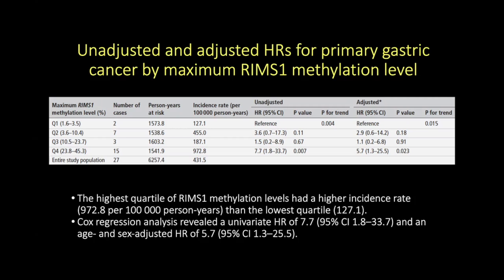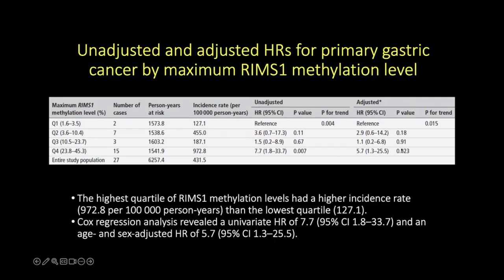Now, when looking at the adjusted hazard ratio, taking Q1 as reference, the risk of developing gastric cancer in Q4 is 5.7. The hazard ratio is 5.7 when compared to patients in Q1.